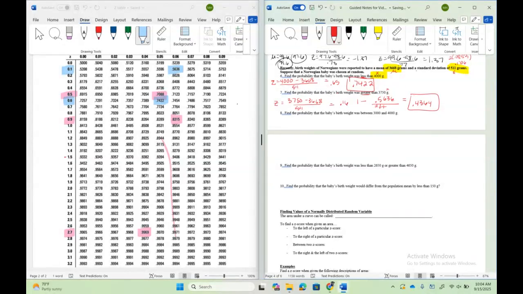All right. Next, we're doing between two values. All right, so I have two z-scores. All right, so this one is negative 1.31.